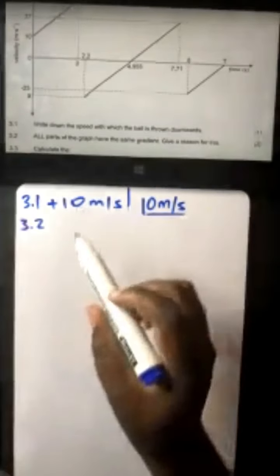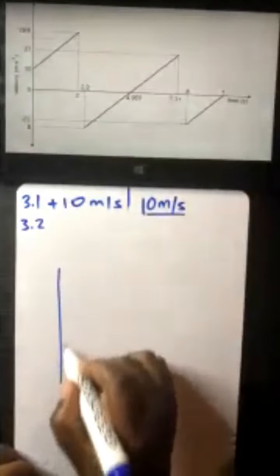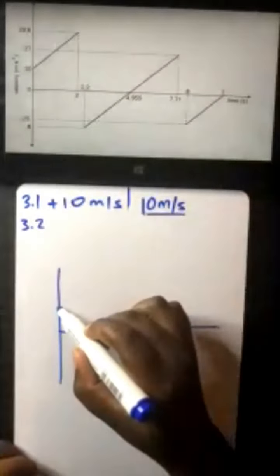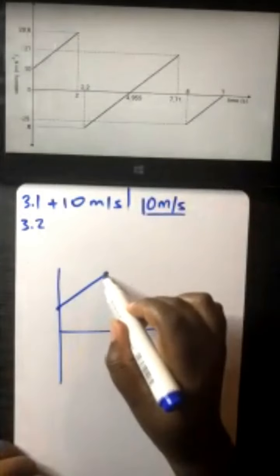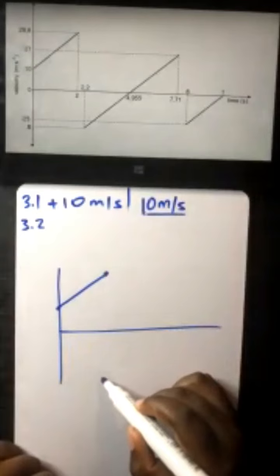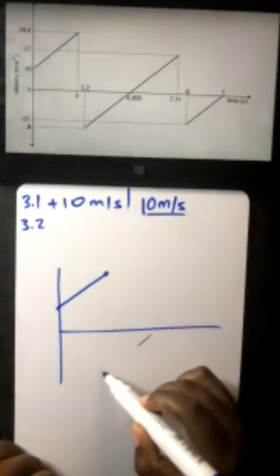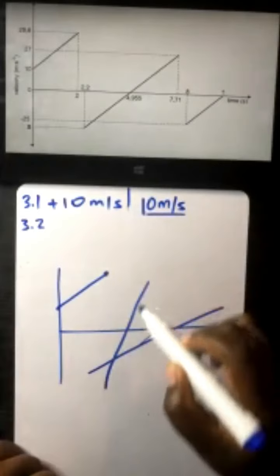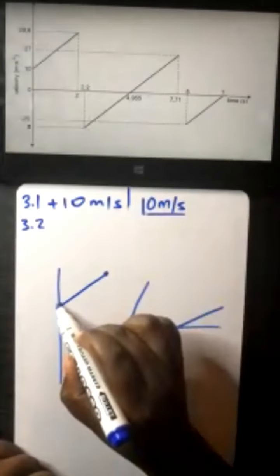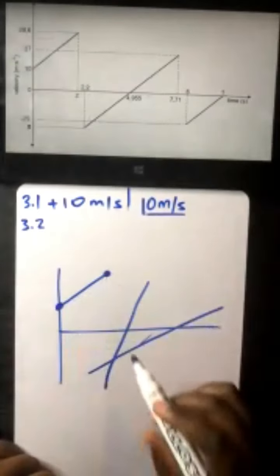So obviously the gradient that they are talking about is that gradient. So they are saying we've got that line in that direction. This part of the line is not at that angle or at that angle, but it's in the same angle as that initial line.